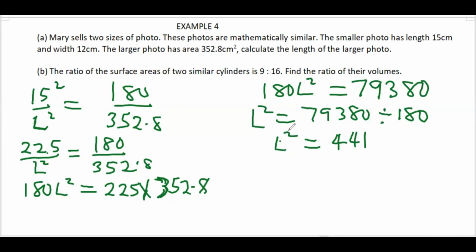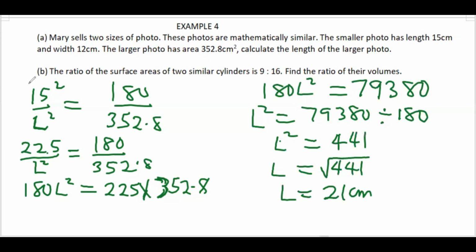If you take the square root of both sides, this square and square root will cancel on the left. You have L equals square root of 441. So L, which is the length of the larger photo, will be square root of 441, which will give us 21 centimeters. And that's the length of the larger photo.